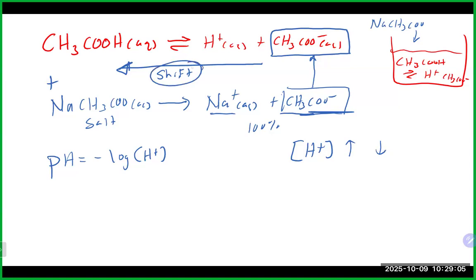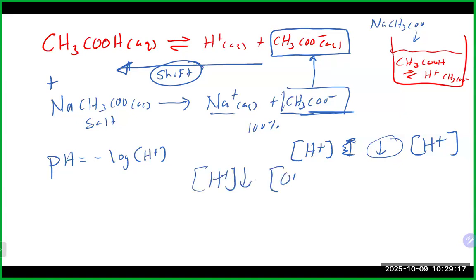So if we shift it to the left, we're going to see the concentration of H plus go down. And when the concentration of H plus goes down, the concentration of OH minus goes up. And when the concentration of OH minus goes up, that means we now have more base in the solution than acid that we started with.